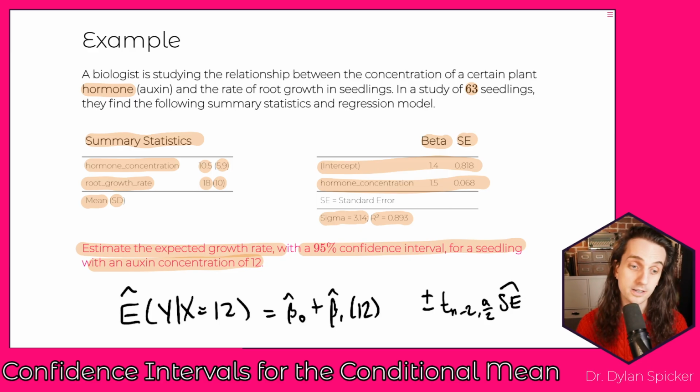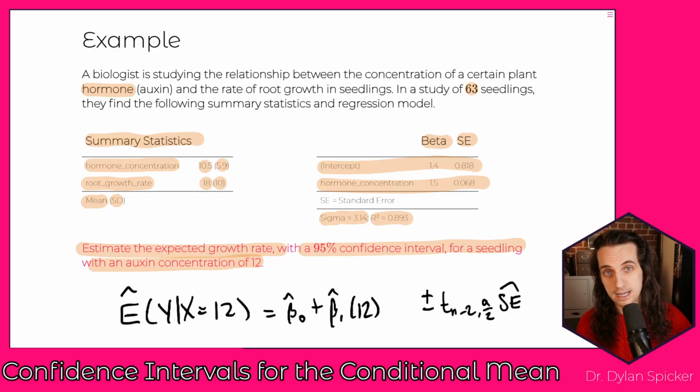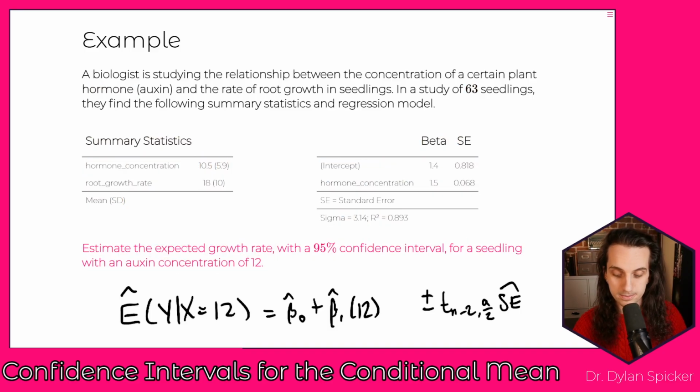The standard error here has to take on that format, where we take the MSE times the bracketed term: 1 over n, plus x minus its mean squared, divided by n minus 1 times the variance of x. So what information do we actually need? We need to know beta hat 0 is 1.4 and beta hat 1 is 1.5, which gives us both of our coefficients.